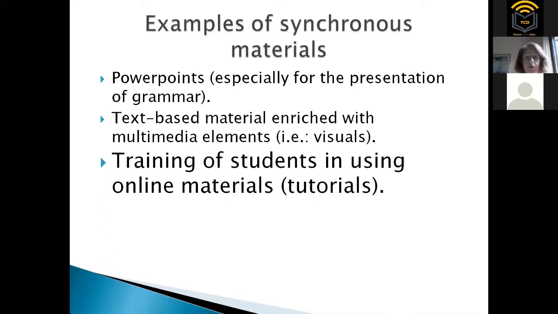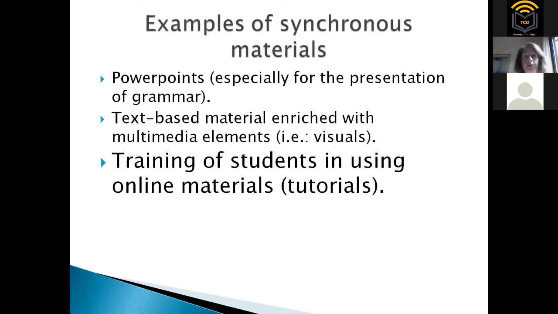But the most basic thing that concerns the online classroom, and especially the adaptation of materials for it, is to train the students. That is very important because they haven't been used to using online materials.